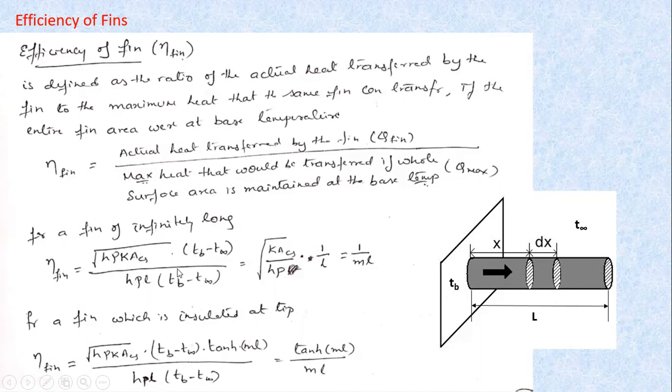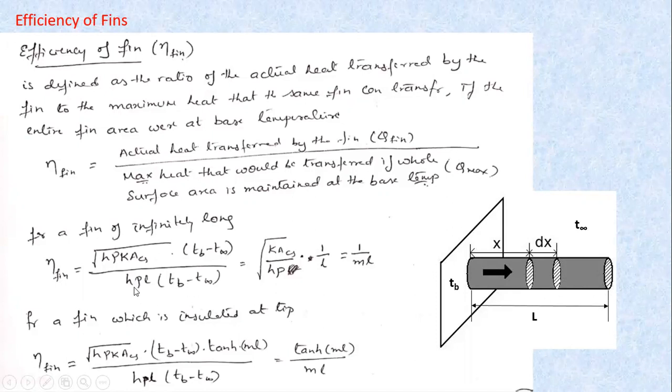Now, any heat transfer by convection is given by the formula Q equals H into A into delta T. So substituting in the same way, H into the surface area of the fin. This surface area of the fin is given by the perimeter of the fin multiplied by the length of the fin.